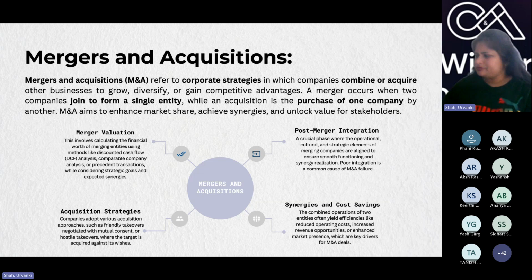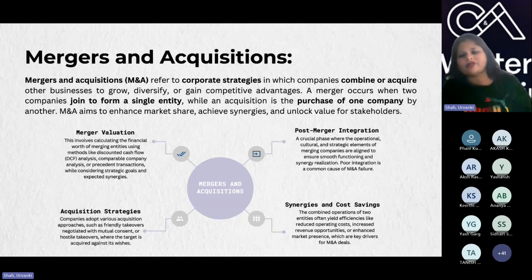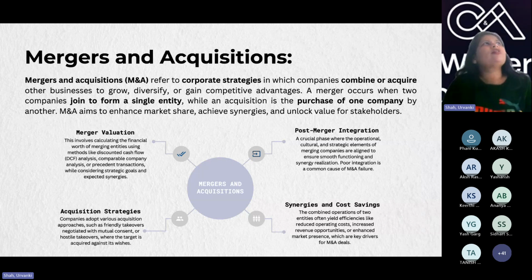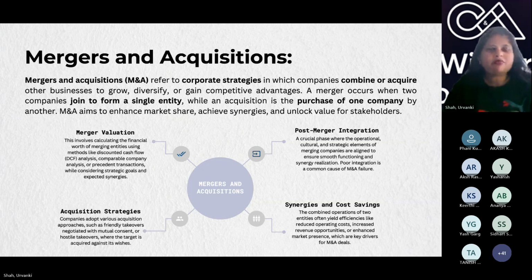If you run a particular operation just once, the cost of running that operation would be higher. We always see retail rates and wholesale rates. What's the difference there? It's the economies of scale. So similarly, when two organizations or two entities are merged, you get lots of synergies and cost savings. That's the biggest reason for mergers. Okay?